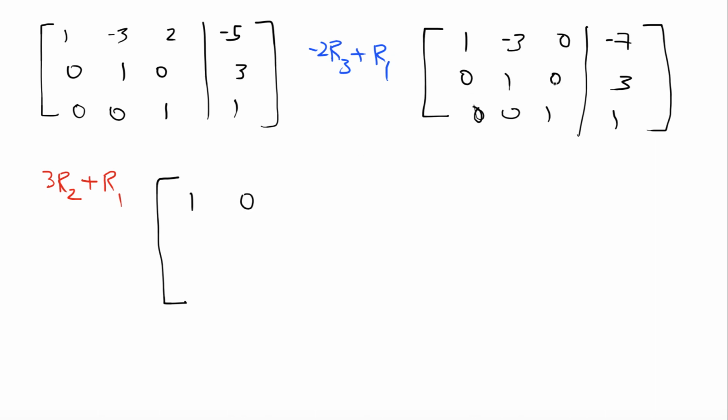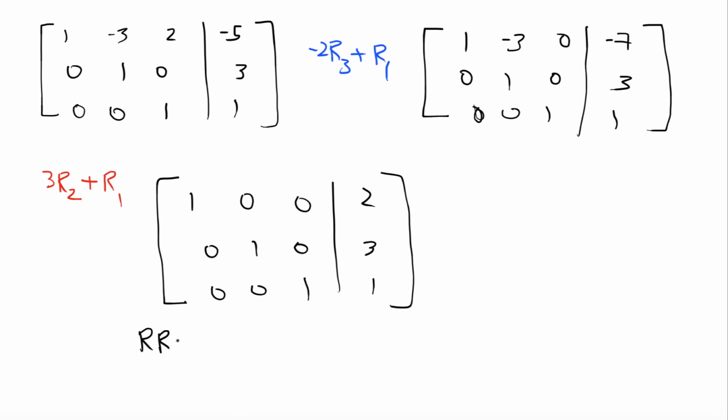Multiply this by 3 and add it here, it's still a 0. So 3 times 3 is 9, minus 7 gives us a 2 here. Everything else stays the same. And here we go. So remember, this matrix here is called the reduced row echelon form, or REF for short.